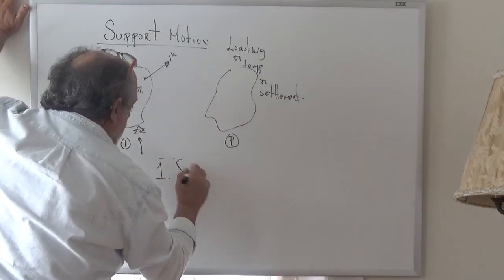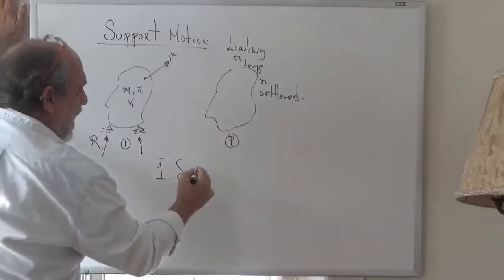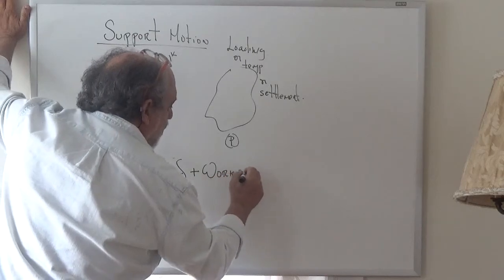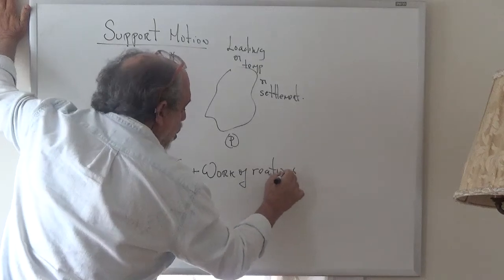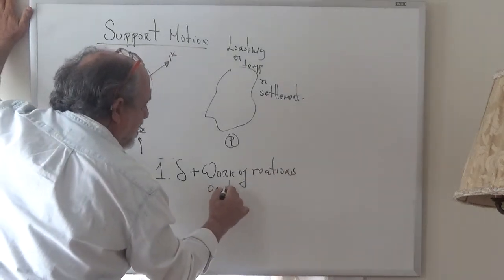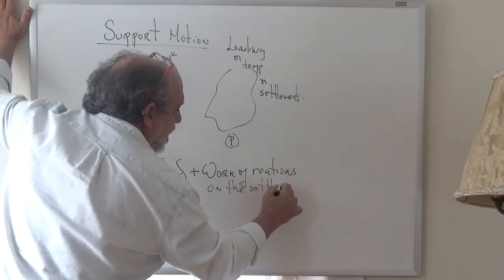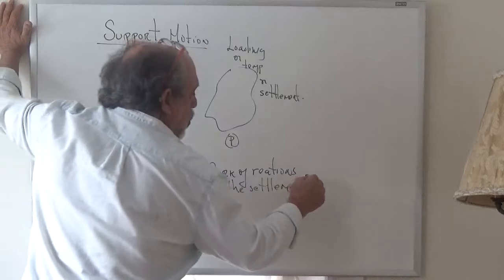So we have to say plus the work of the reactions on the settlement, right? And that must be equal to what?